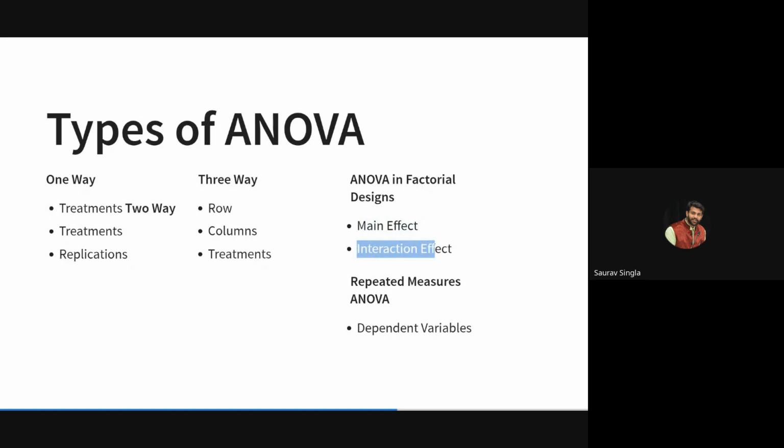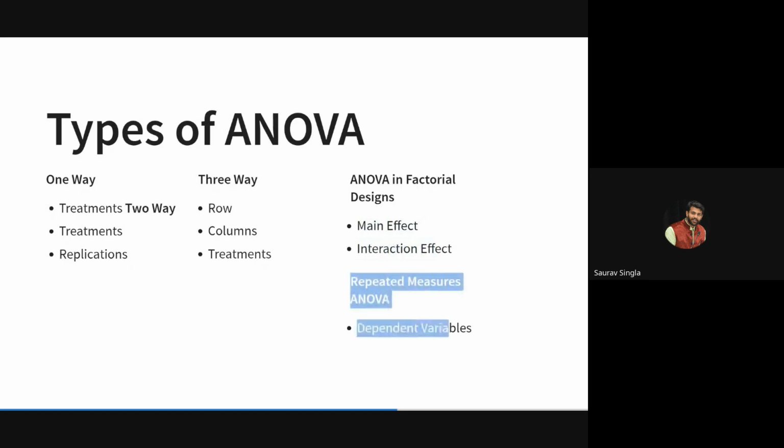Then there is the repeated measures ANOVA, which is for dependent observations. I think let's not go too deep into that. It is used when you have to take repeated observations on the same subjects. Like if you have an orchard, in the first year you apply the first type of treatment.